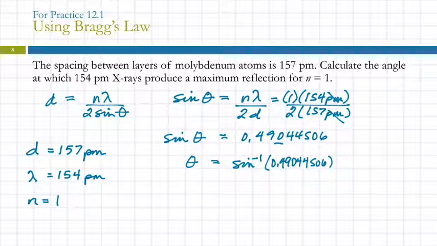So I'm going to use that inverse sine button and put in 0.4904456 equals, and I'm getting 29 point a bunch of stuff. Here's where we could round things off a little bit. We're not going to get into sig figs here, but just a reasonable number of digits. 29.4, and the unit there would be degrees.